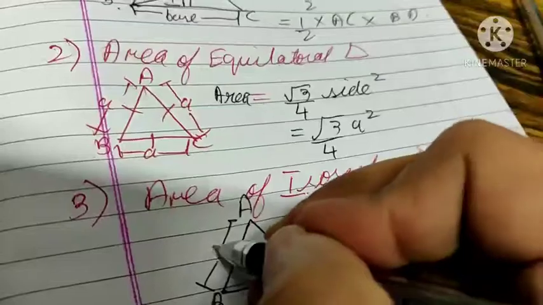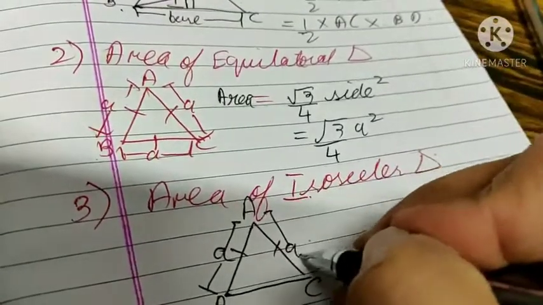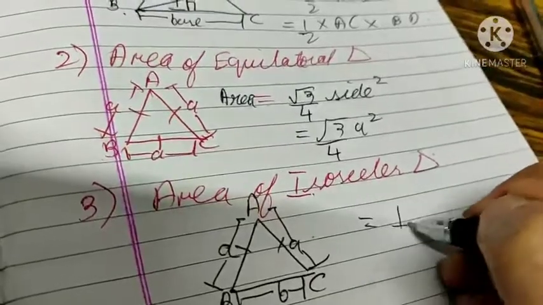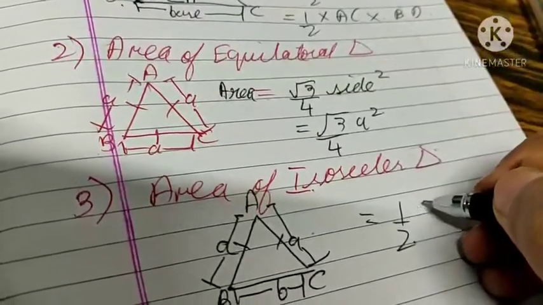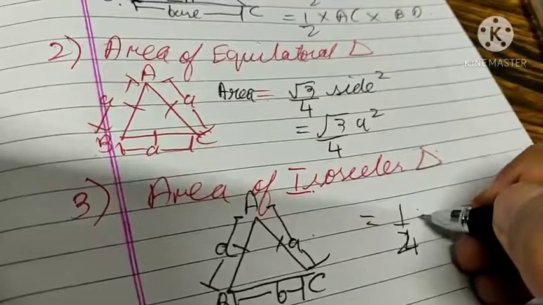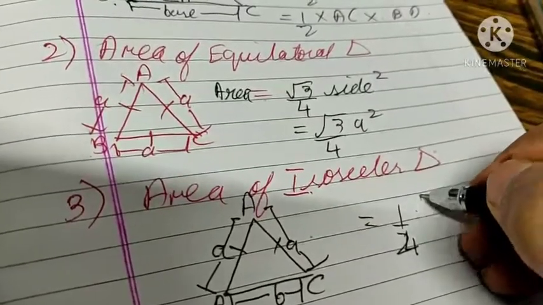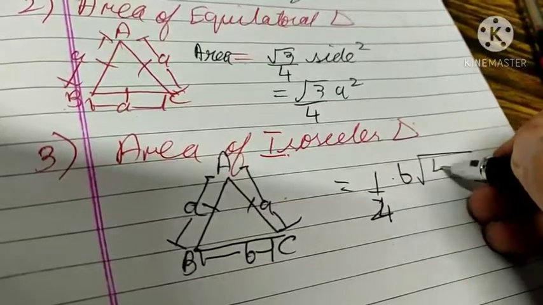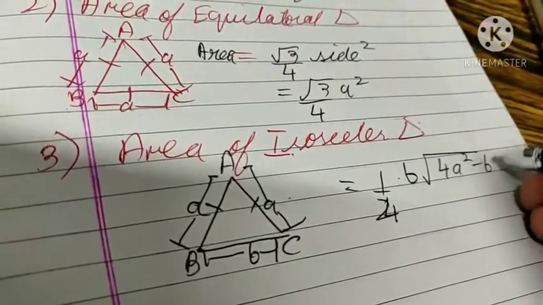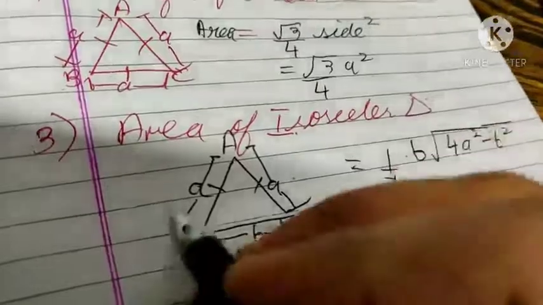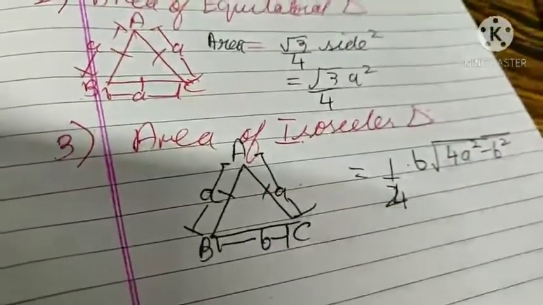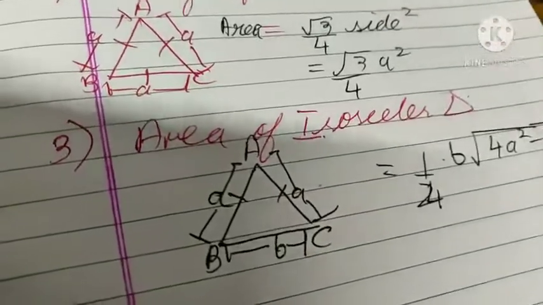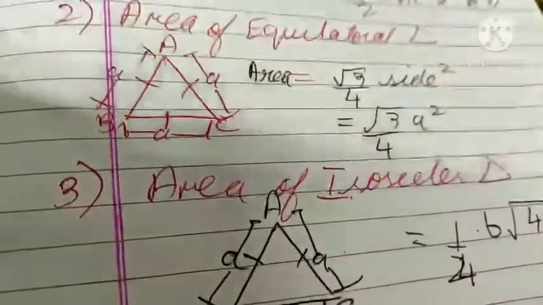This is A, this is also A, and this is B. So here the area will be 1 by 4 into B, B is the base, into root 4 A square minus B square, where A is the length of the equal sides and B is the other third side. Okay, so these were the areas for the triangle.